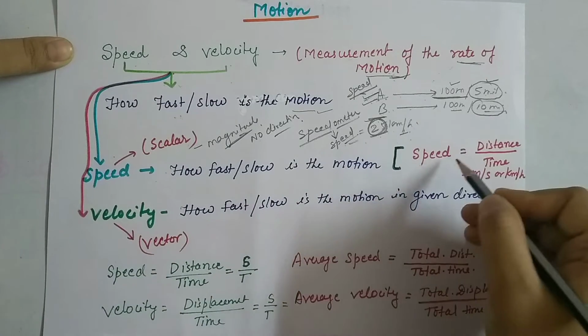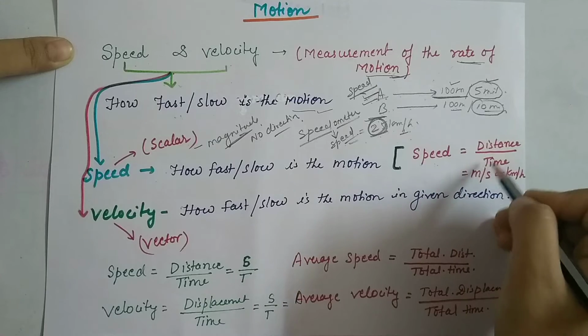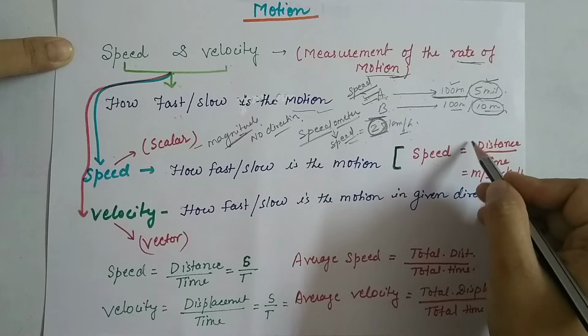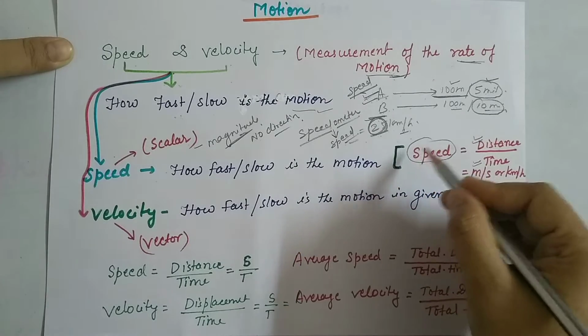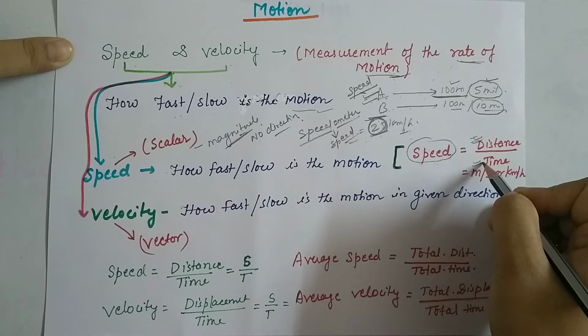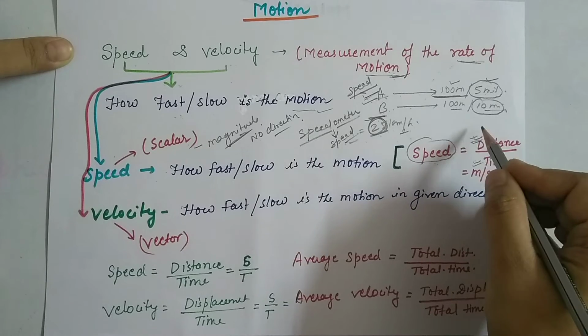The general formula we know to calculate the speed: speed is equal to distance divided by time. These two things are very important to find the speed. How much distance is covered in how much time shows how fast or slow the object is moving.